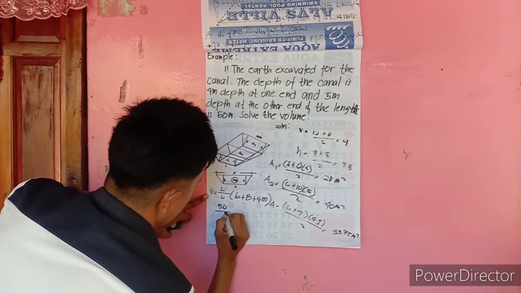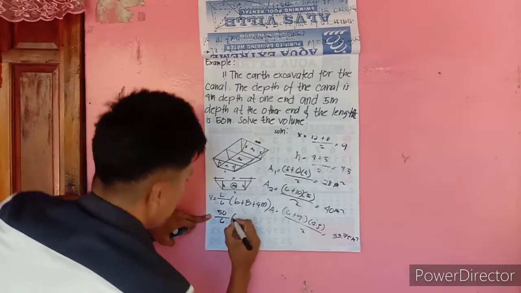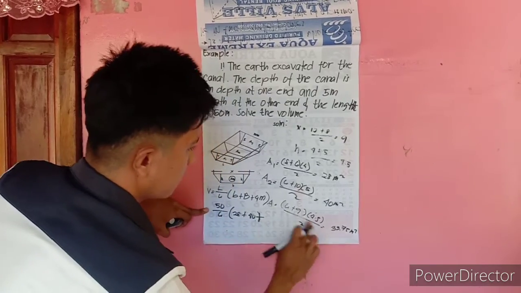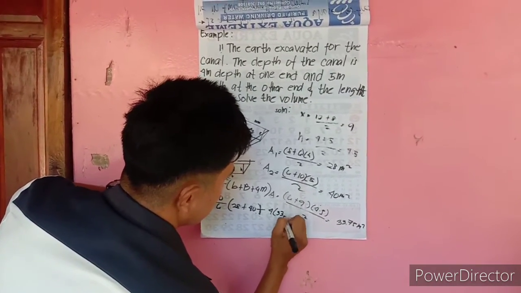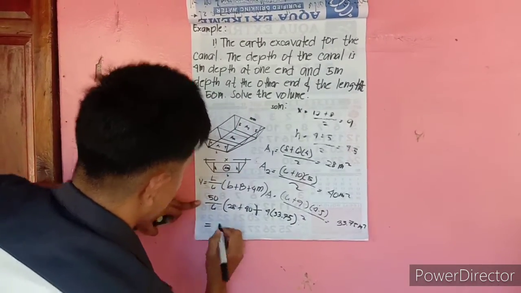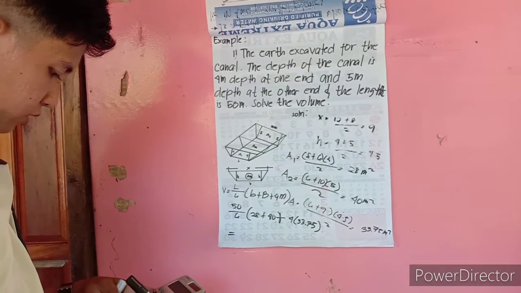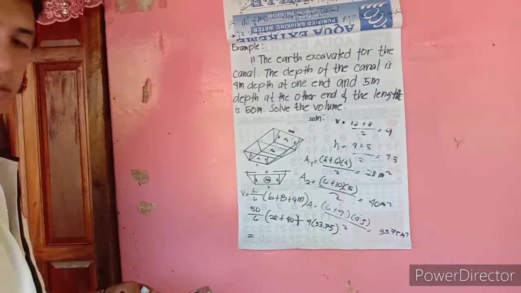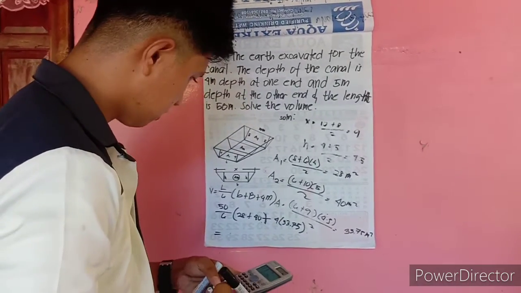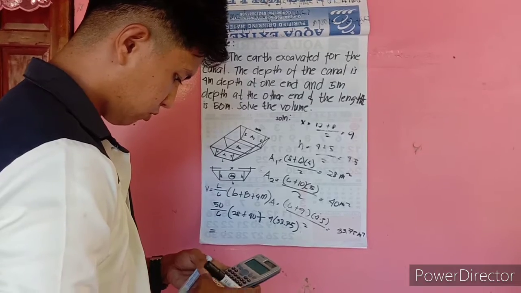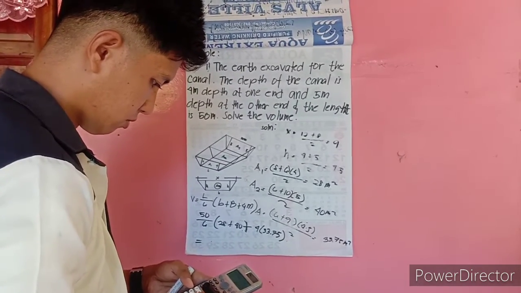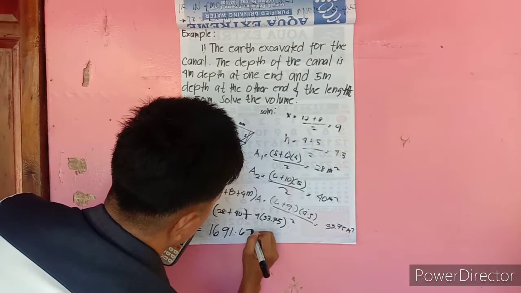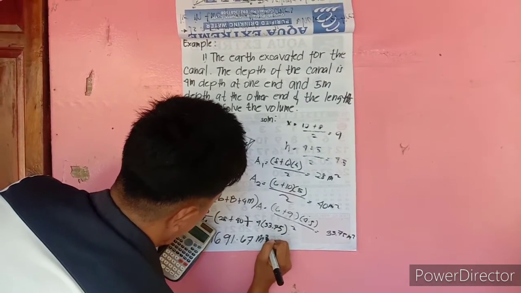So 50 over 6 times the upper base 28, plus the lower base 40, plus 4 times the middle area. This equals 50 over 6 times the sum. The answer is 1691.67 cubic meters.